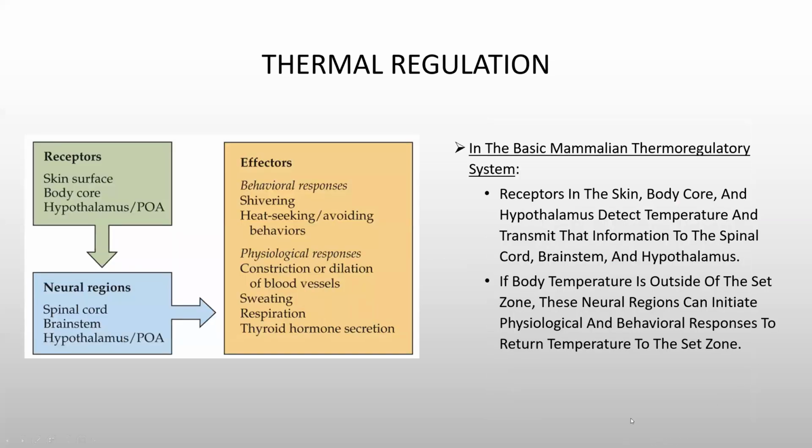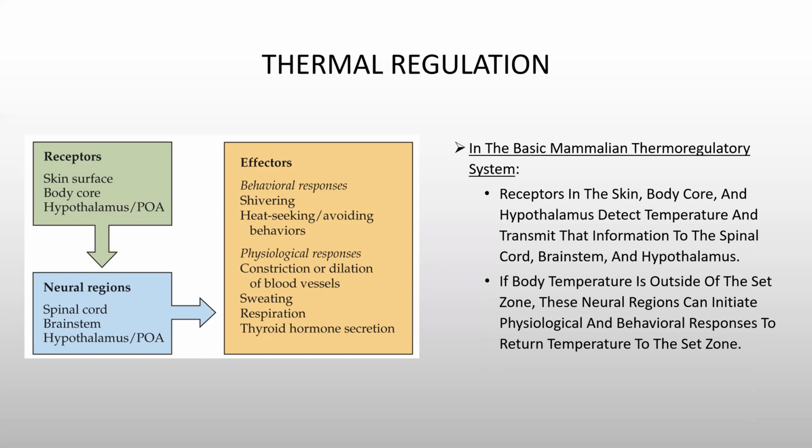Okay, so if we look here, you're looking at first the receptors in the skin, the body core, and the hypothalamus, which detect temperature and transmit that information to the spinal cord, to the brainstem, and the hypothalamus, as you see in the figure. Okay? Then, if the body temperature is outside of the set zone, then neural regions can initiate physiological and behavioral responses to return temperature to the set zone.